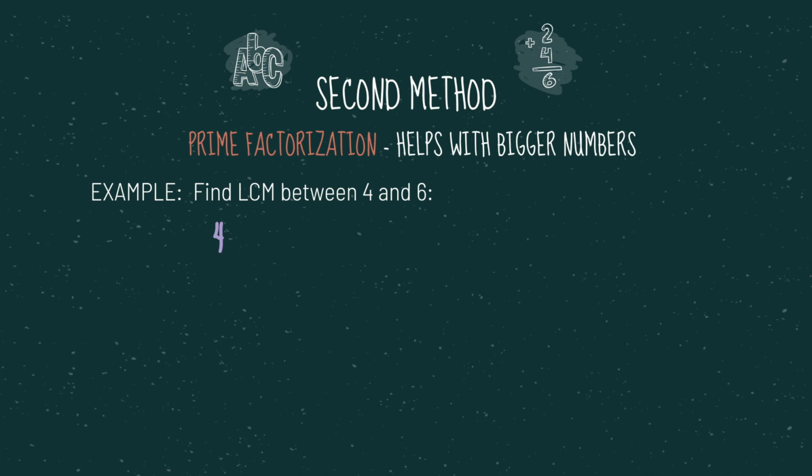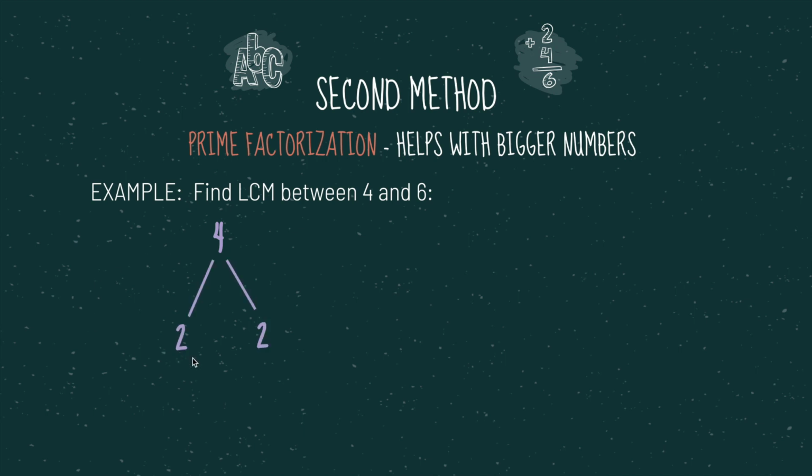Let's start with 4, and we're going to break 4 down into two other numbers that multiply together to give us 4. The only two numbers besides 4 and 1 that give us 4 are 2 and 2.